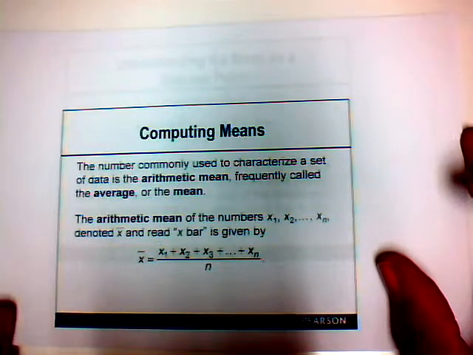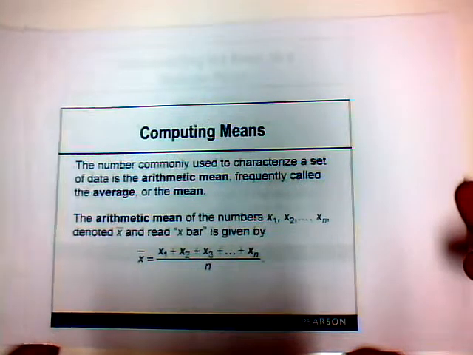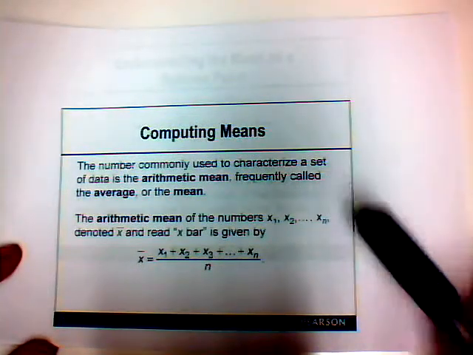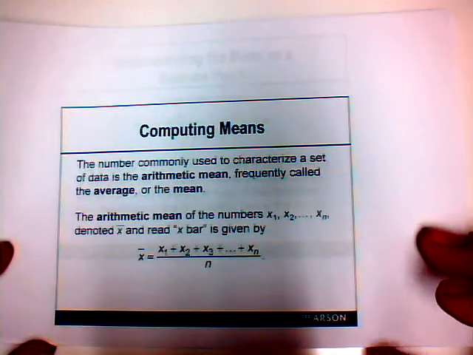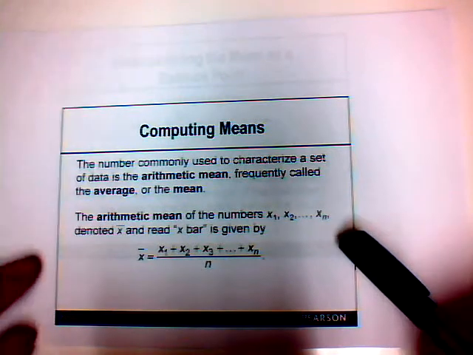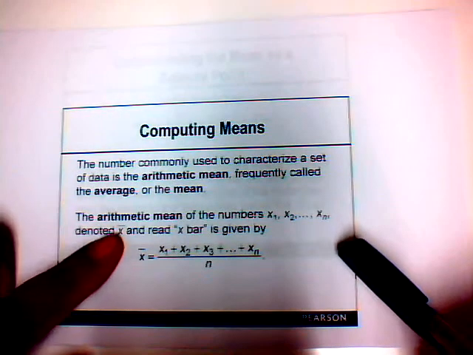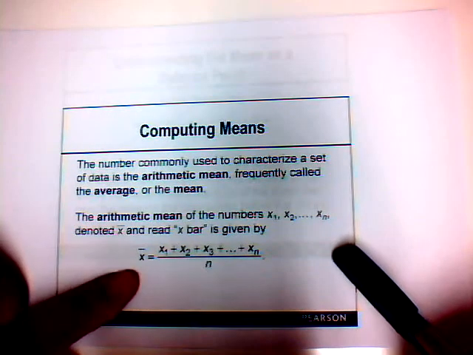Let's talk about how to compute means. The number commonly used to characterize a set of data is the arithmetic mean, and it's frequently called the average or the mean. So the arithmetic mean of the numbers x1, x2, all the way up to x sub n is denoted by the symbol x bar, and it's given by this formula.